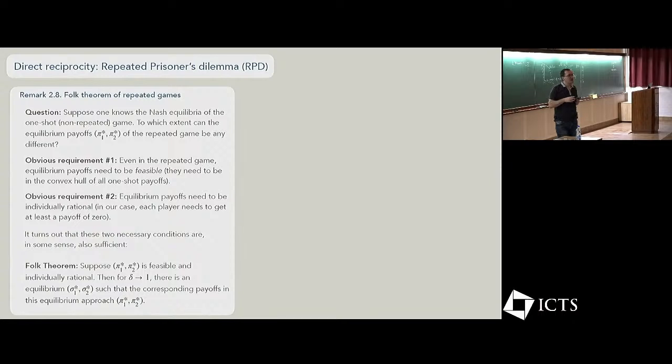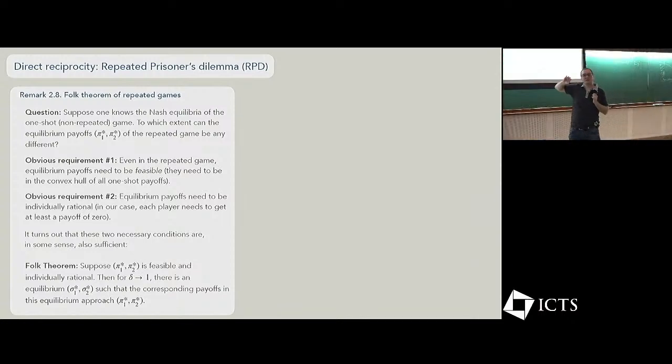So just for everyone else who perhaps does not know what subgame perfect is: Nash equilibrium just means that you play optimally along what is called the equilibrium path. So as long as we do what we are prescribed to do, I play optimally. There is a stronger notion of equilibrium, which is called subgame perfection.